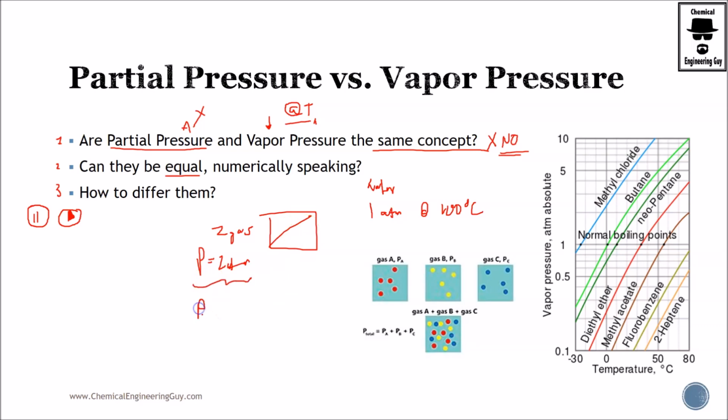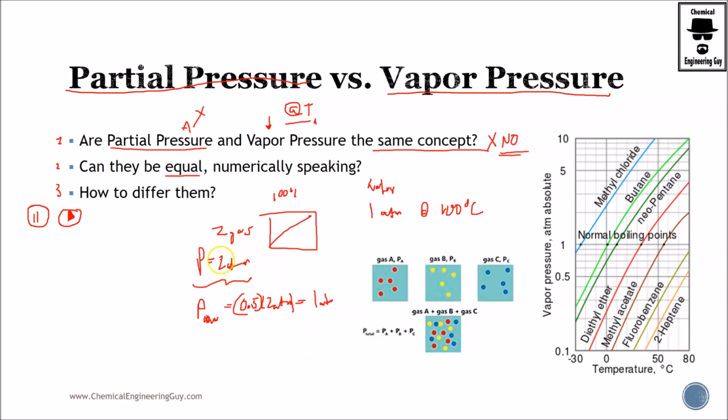Therefore the partial pressure of our water vapor will be equal to one half, because it is 50-50, so this is a mole fraction, times the total pressure, which is equal to 1 atmosphere. So technically speaking, and let's assume this is at 100 Celsius, we have this specific or unique case in which partial pressure equals vapor pressure.